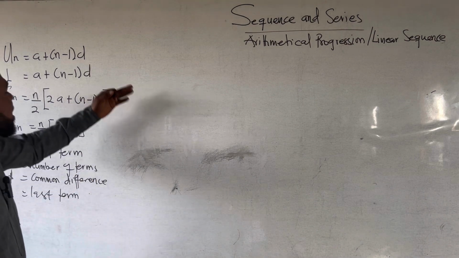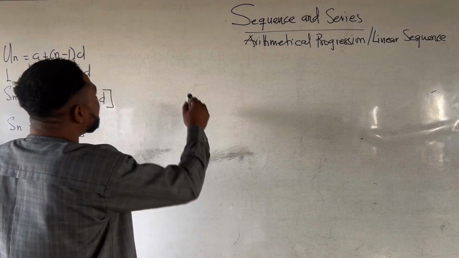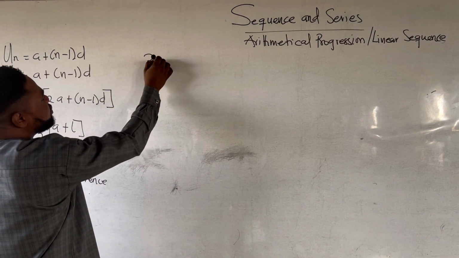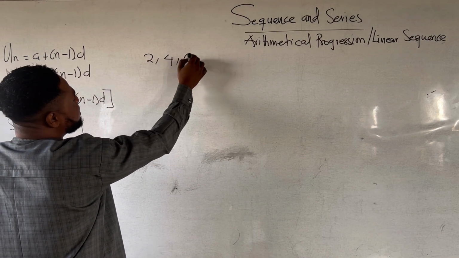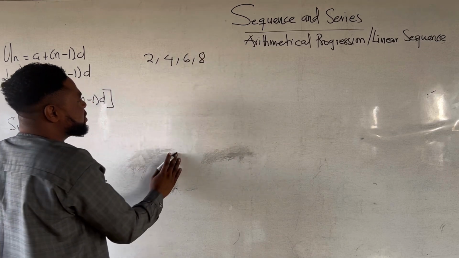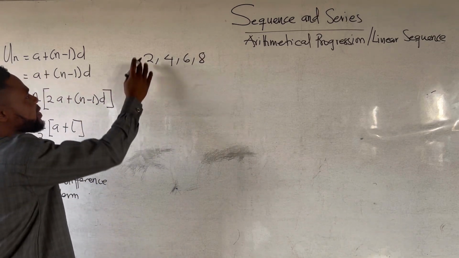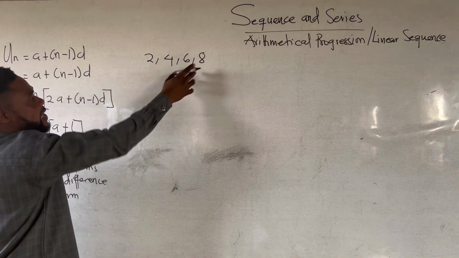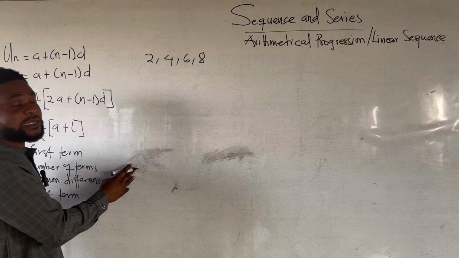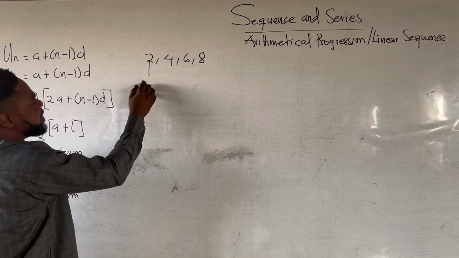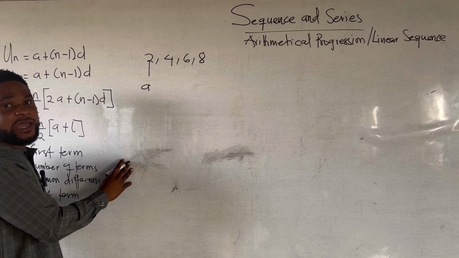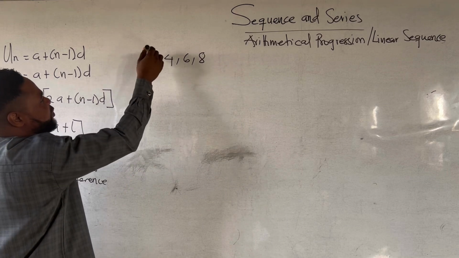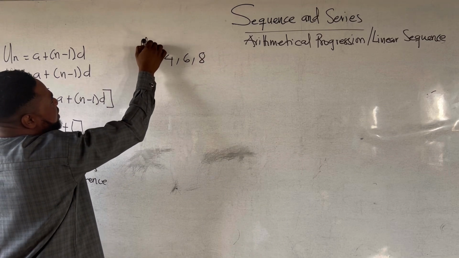Now, let us look at some examples here. Let's assume I have 2, 4, 6, 8. In a sequence, the first number that starts the sequence, we call the first term. And this first term is represented by a, and we can give it a code like U1.